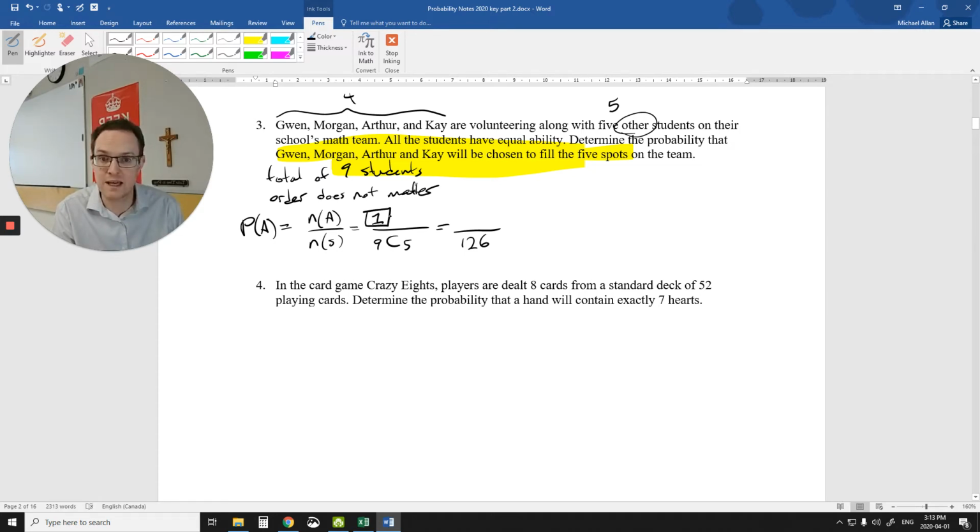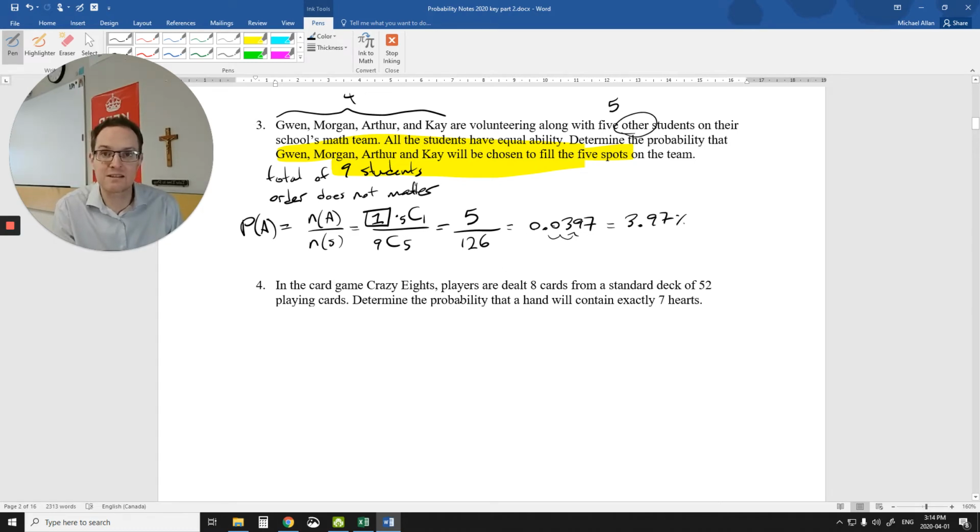So there's only one way to do that. And then I have 1 more position to fill. So I have 5 choose 1, which ends up being exactly 5. So it's not a very likely thing if someone just randomly picked these kids. It's going to be about a 4% chance. In order to do percentages, you just multiply by 100, moving the decimal place 2 times.